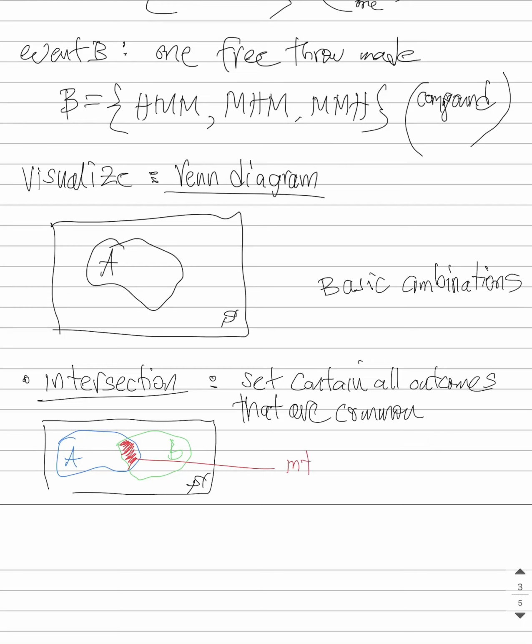This is called the intersection. Now, mathematically, we write this as A, and we put this upside down U and B. So this upside down U is the intersection symbol. And so whenever we want to talk about that overlapping region, we will denote it by A intersect B.